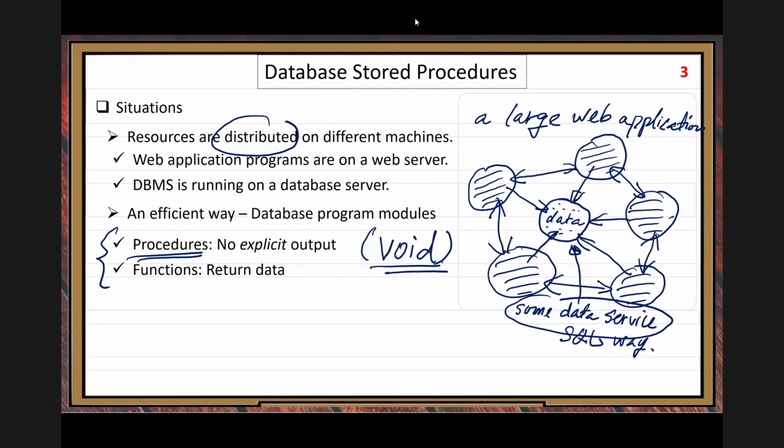For the function case, there is return data, so there is output. So in stored procedures, these two types are separated, procedure and function. Later I will show you a code example of the definition, just the main external format, not all the details.